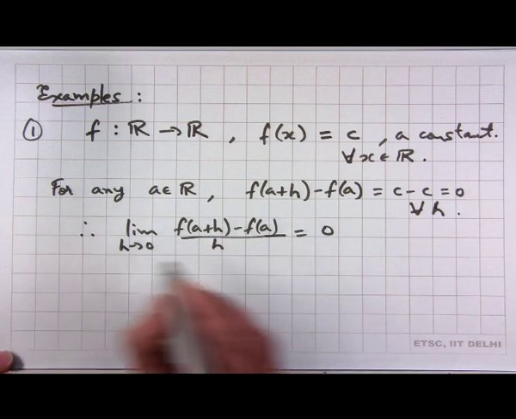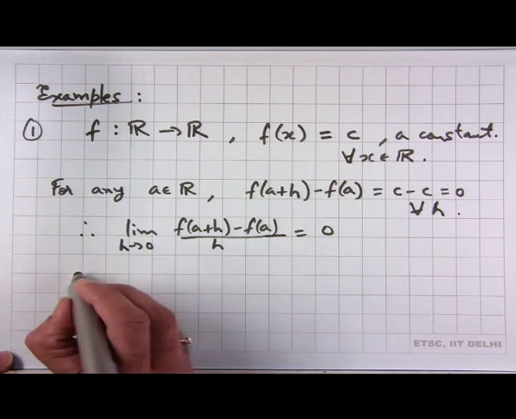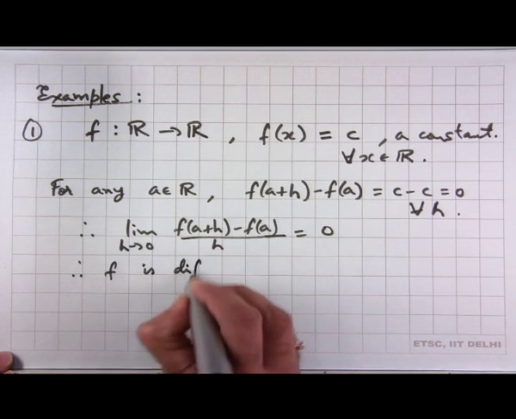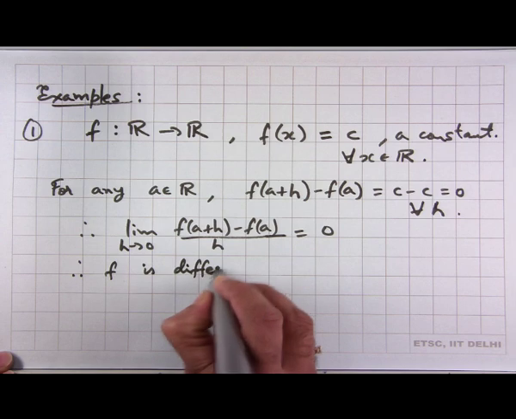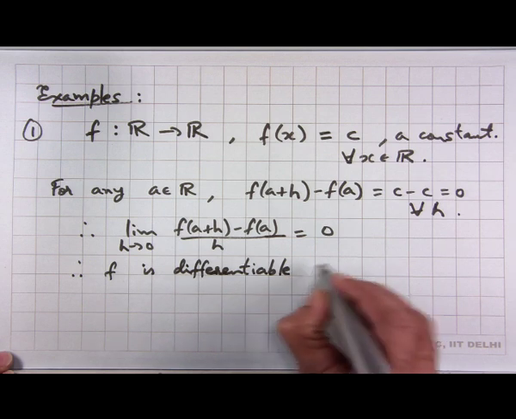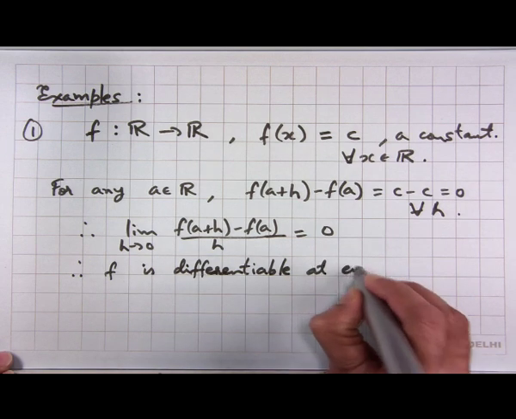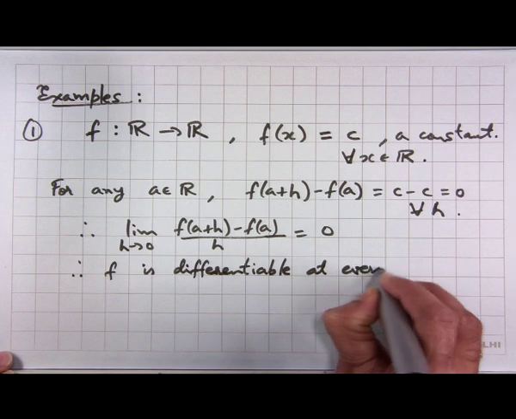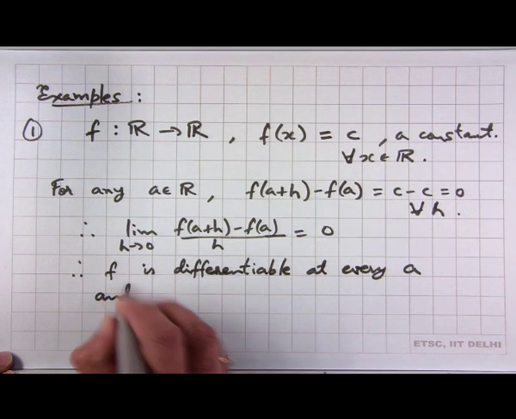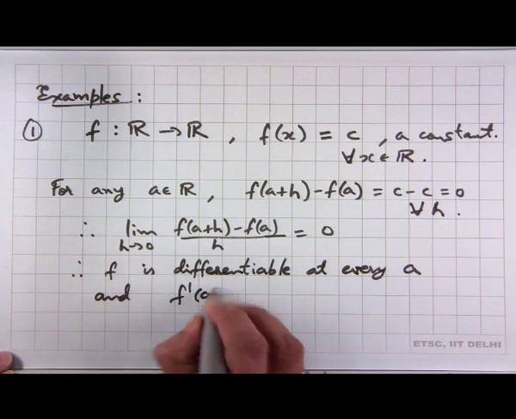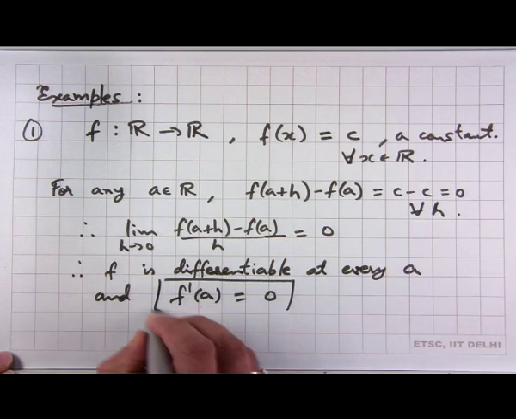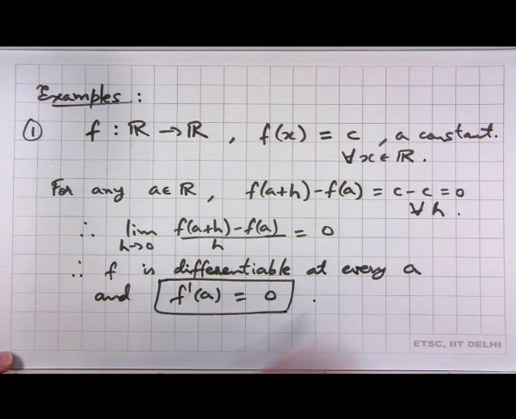So, therefore, f is differentiable at every a, and f prime of a is equal to 0. So, for the constant function, the derivative is 0 everywhere.